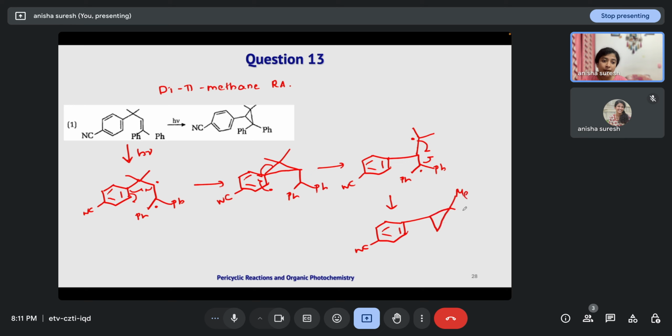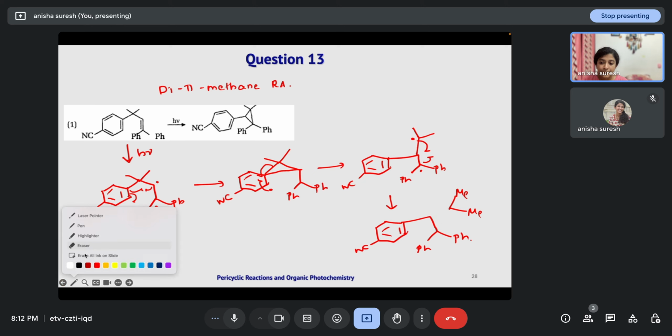So here Me will be there, and here Ph will be there, and this is the new bond that is formed. New bond we can highlight in different color. So this is the new bond that will be formed finally. Is the mechanism clear? This is an example of di-pi-methane rearrangement.